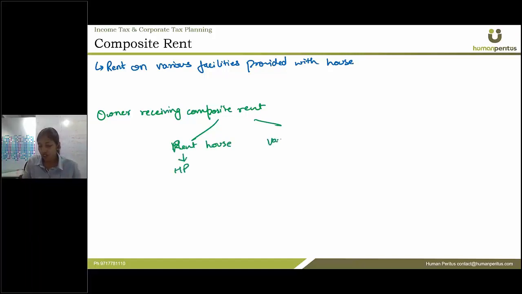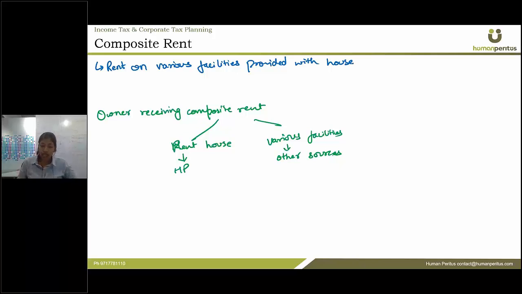The part of rent which is for the various facilities provided will be considered under income from other sources. This is why we have to study composite rent: when the house is provided with various facilities or services, the owner receiving the composite rent has to divide the rent. Rent related only to the house, the building, will be house property income. Rent related to various other facilities or services will become income from other sources.